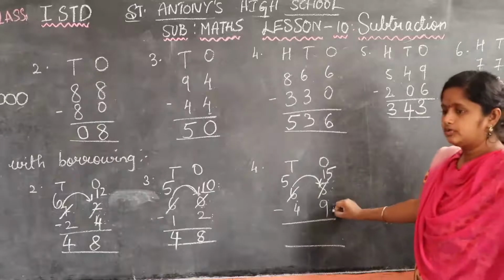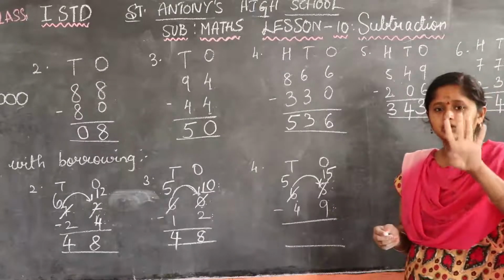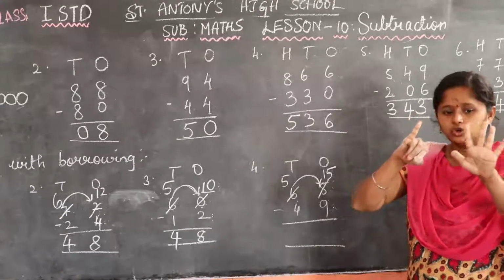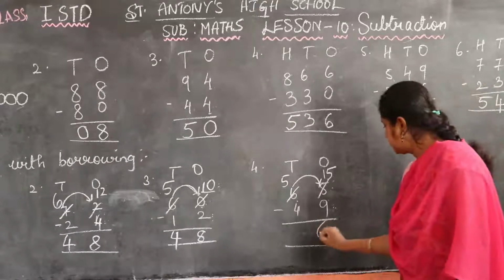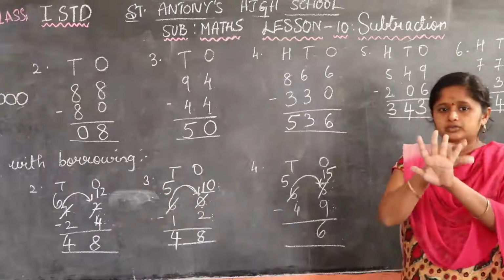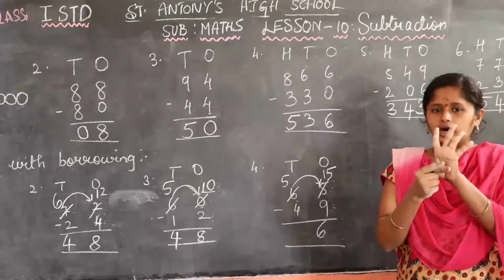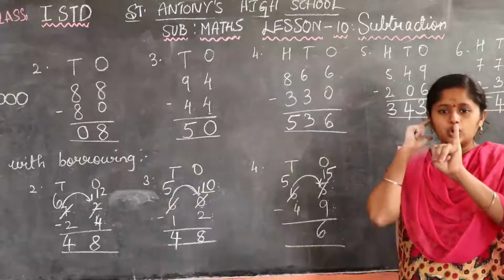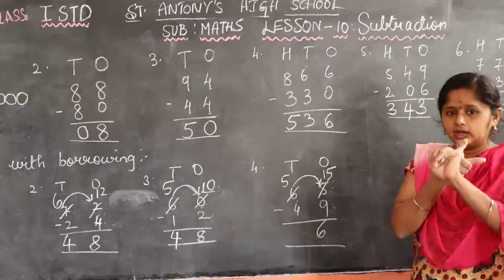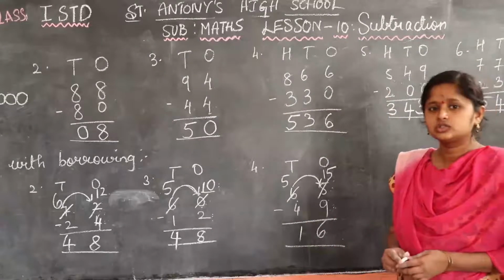After 9, 10, 11, 12, 13, 14, 15. So how much is left? 6. Now 5 minus 4 is how much? From the 5 chocolates you had, 4 are taken: 1, 2, 3, 4. How much is left? 1 is left. Okay children.